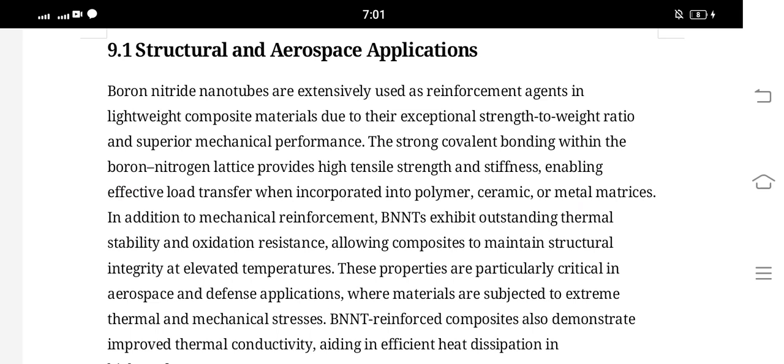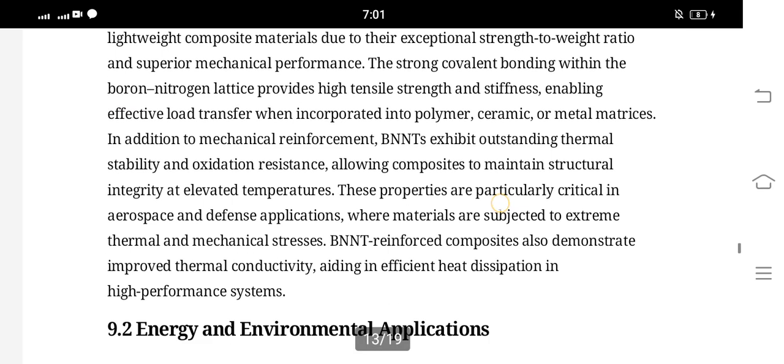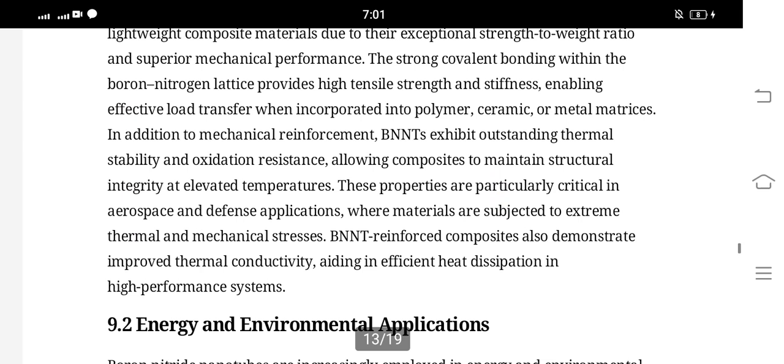Their excellent thermal stability and oxidation resistance allow boron nitride nanotube reinforced composites to maintain performance at elevated temperatures, making them ideal for aerospace and defense applications where materials are exposed to extreme thermal and mechanical stresses.